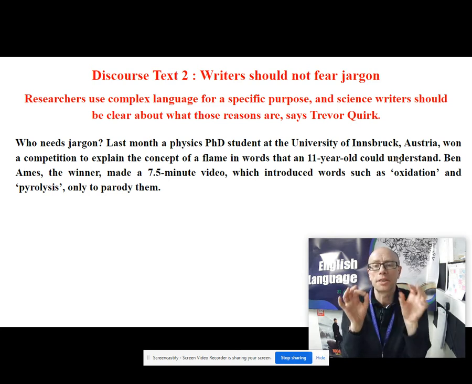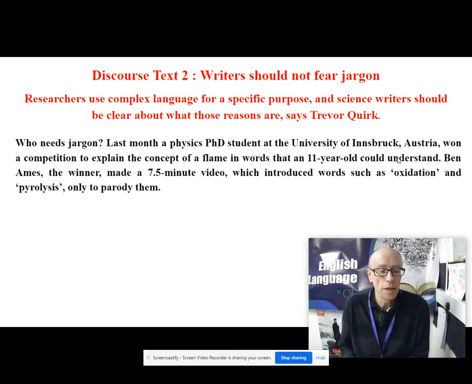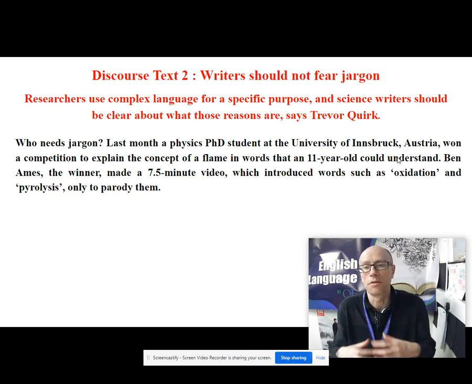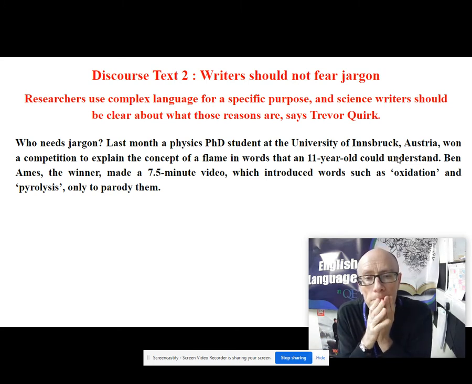Okay, so we've got some very precise information here, which gives us the feeling that we are in safe hands. This is somebody that's writing in an influential way because they seem to know their onions. They seem to know about this, about the PhD student at the University of Innsbruck.